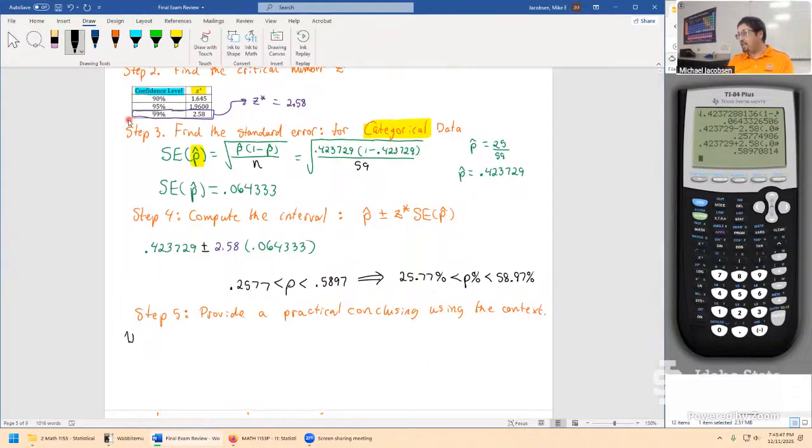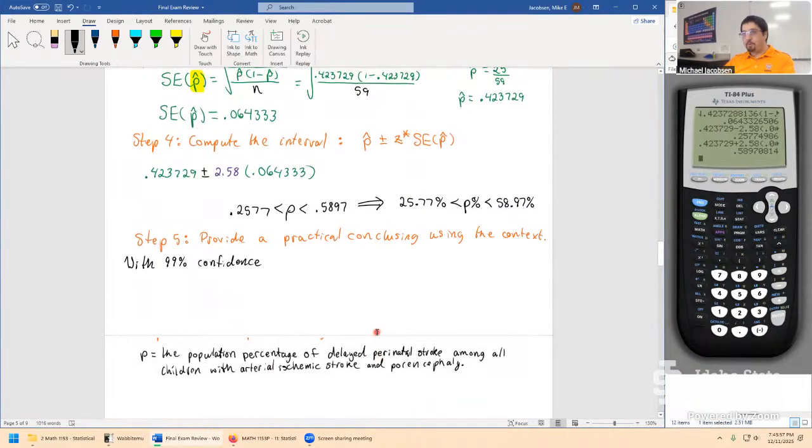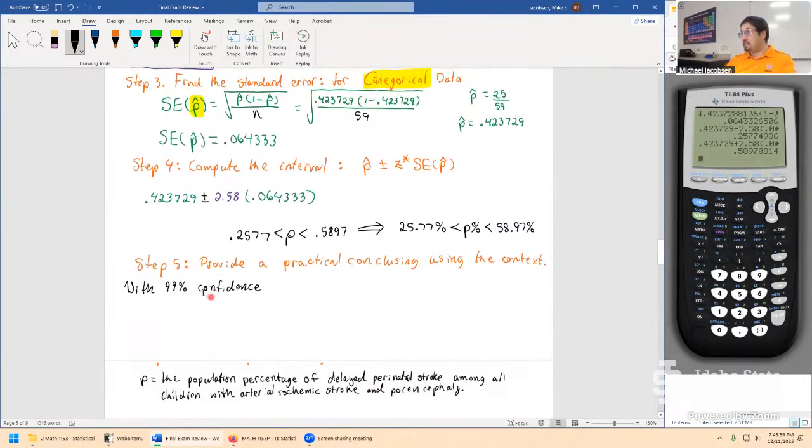So let's begin by saying, with 99% confidence, okay, so now we have full transparency. We know the level of confidence of the interval is very high. Part of the reason why the margin of error is so wide, the interval is a very wide one. Now we're just reading out this entire triple-sided inequality, starting with the thing in the middle.